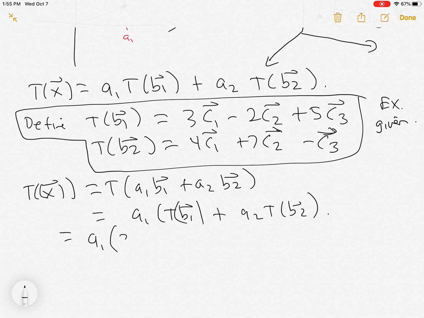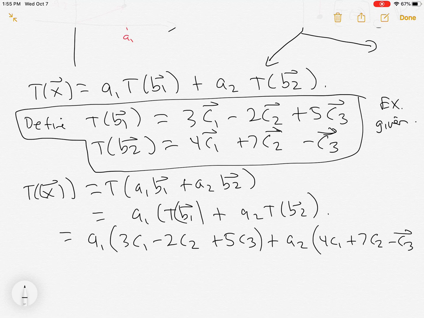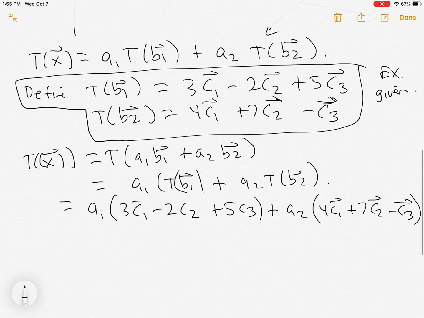We just defined that. It's 3c1 minus 2c2 plus 5c3, plus a2 times 4c1 plus 7c2 minus c3. Let's collect all these.